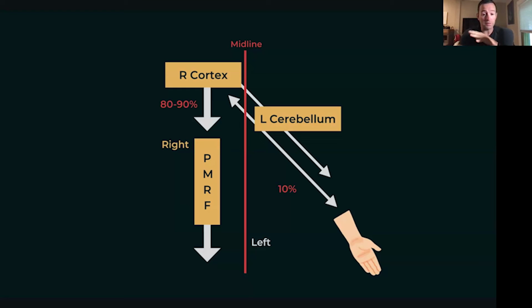Okay, remember reflexive stabilization. I actually need to now move the left side of my body. Okay, because if I move my left hand, back to our diagram here, that's going to activate my opposite cortex. Okay, so my right cortex, which is going to act on my right PMRF. And if it's the right stimulus, we're going to see changes in pain inhibition ipsilaterally, changes in muscle tone ipsilaterally, could even be changes in autonomic function like blood pressure ipsilaterally.